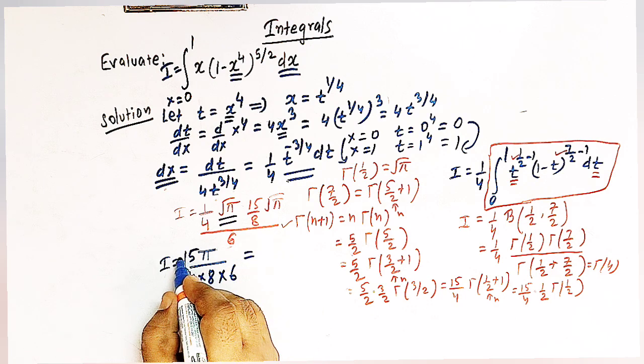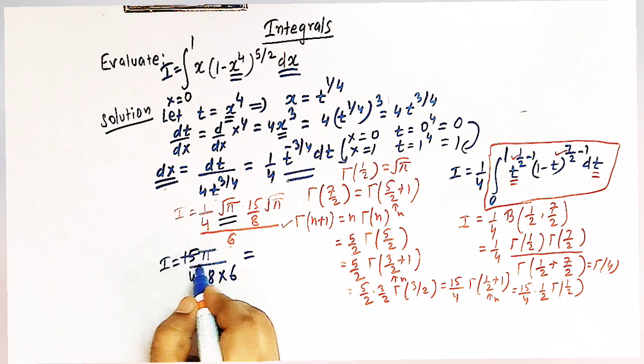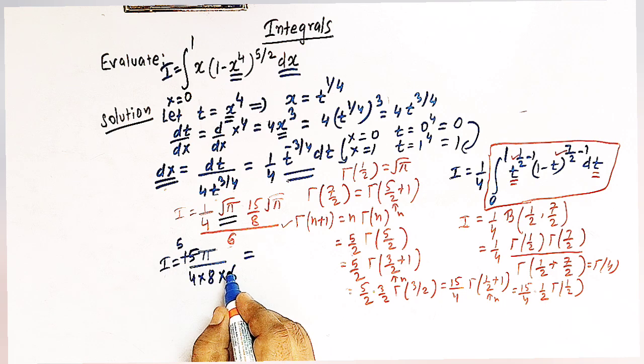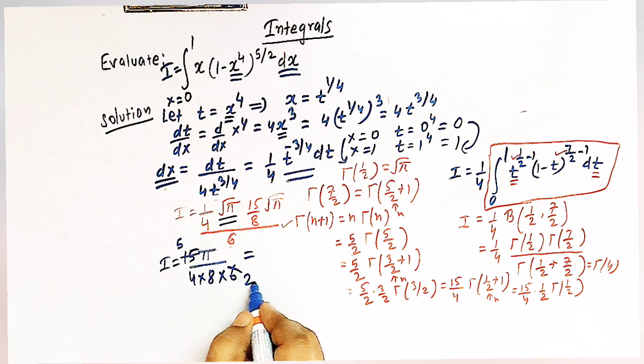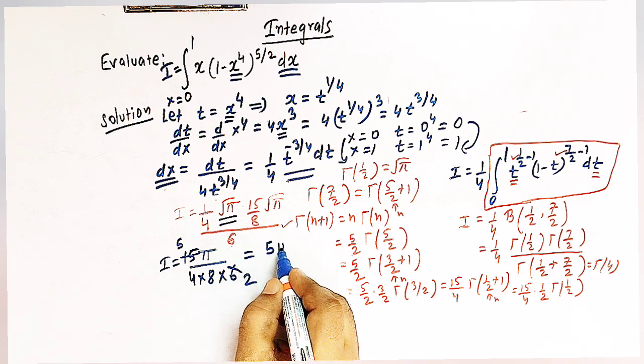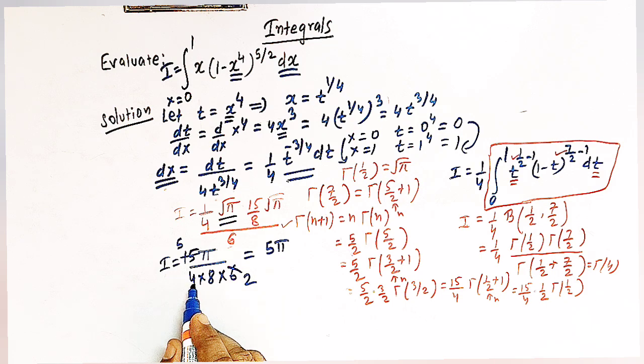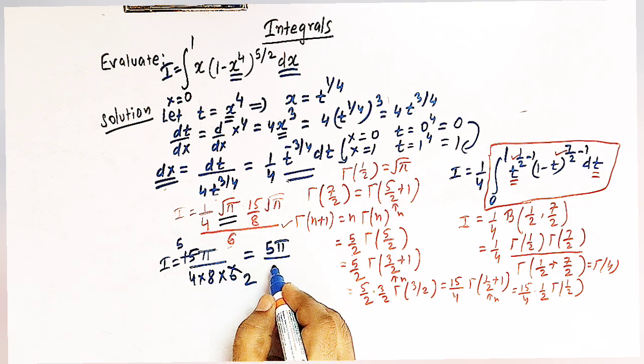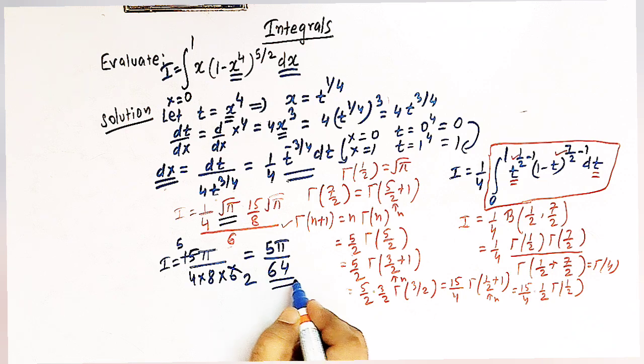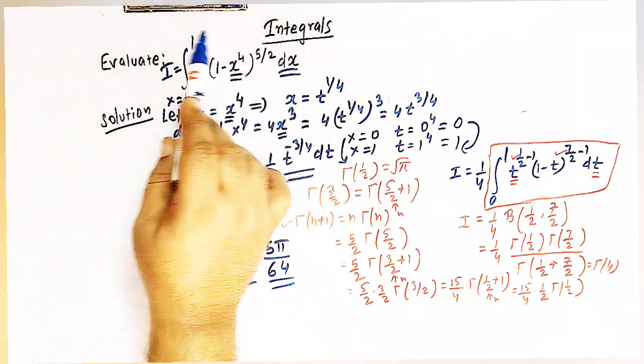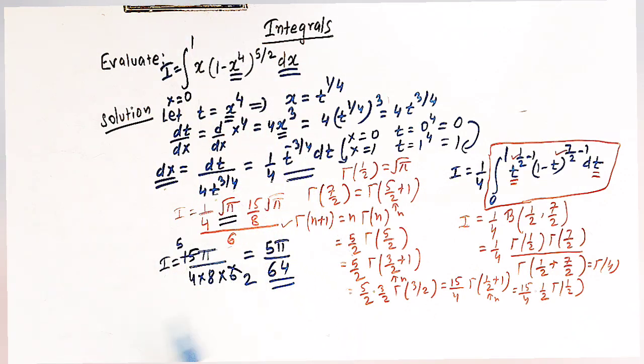So now we can cancel 15 and 6. So this is 3 times 5, and this is 3 times 2. So we have 5 pi, and here we have 4 times 8 is 32 times 2, that is 64, right? So the value of this integral is equal to 5 pi over 64.